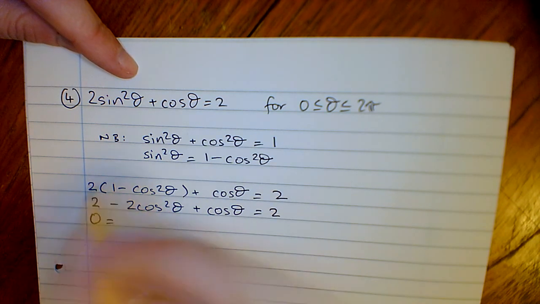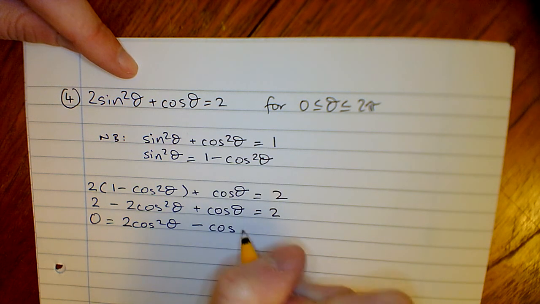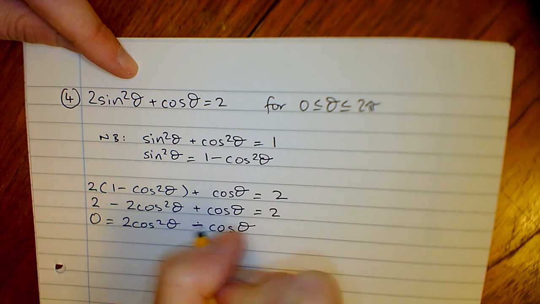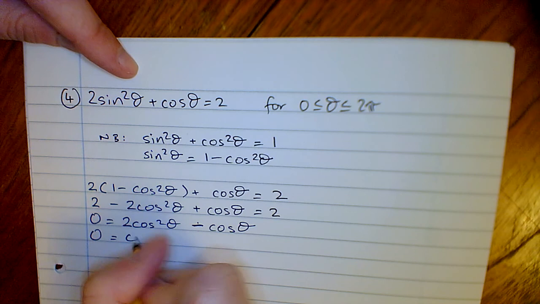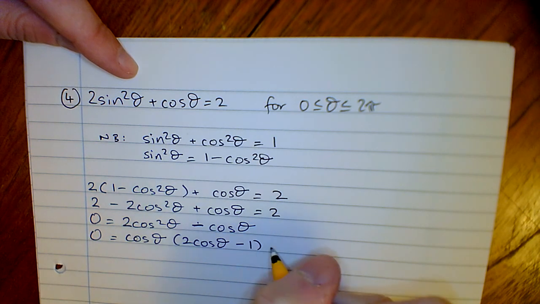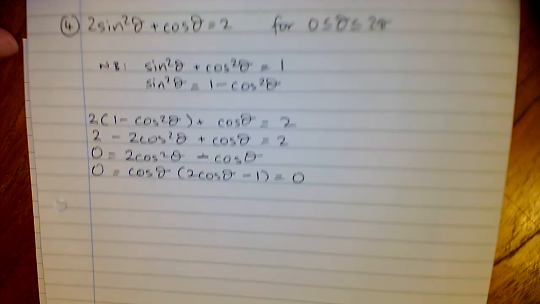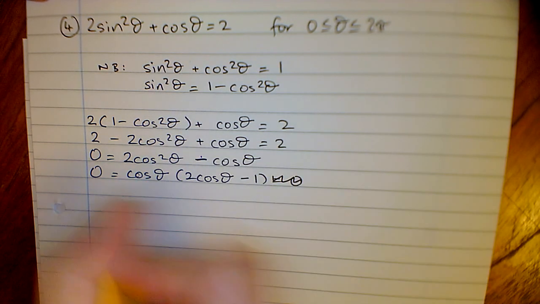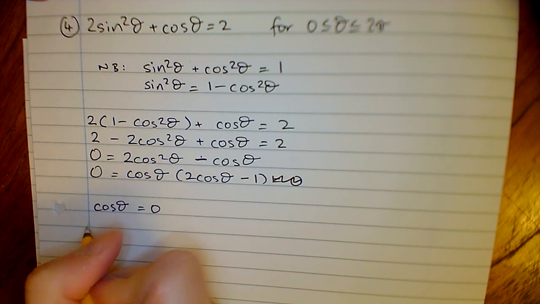Bring everything across, and we'll have 2 take away 2, which will cancel. So we've got 2 cos squared theta minus cos theta. So factorising, we have cos theta times (2 cos theta minus 1) equals 0. So cos theta equals 0.